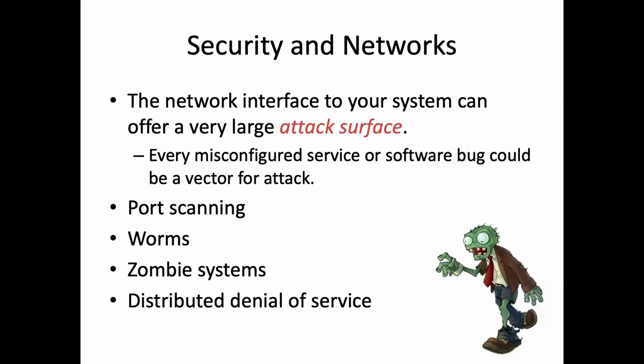So you'll hear the term attack surface used to describe all the different potential attacks available to a remote attacker. That would include every piece of software that's offering remote service, and every potential vulnerability, every potential buffer overflow, every potential bug in any one of those services.